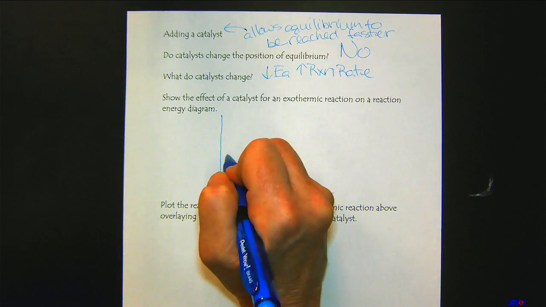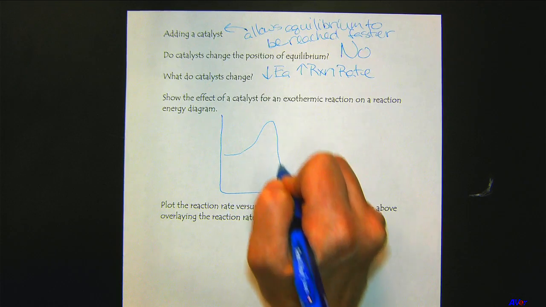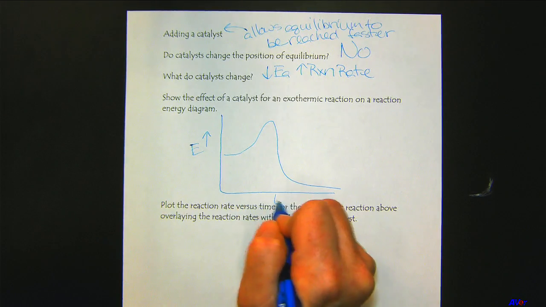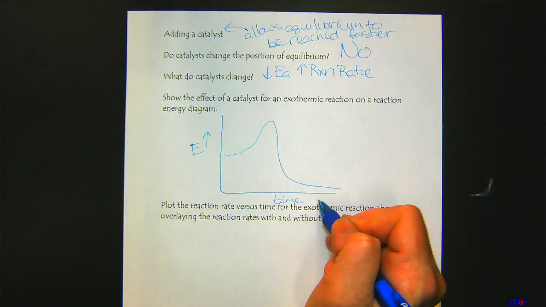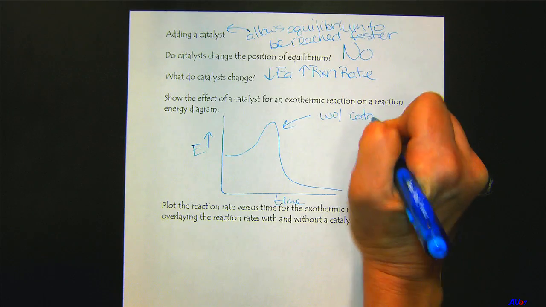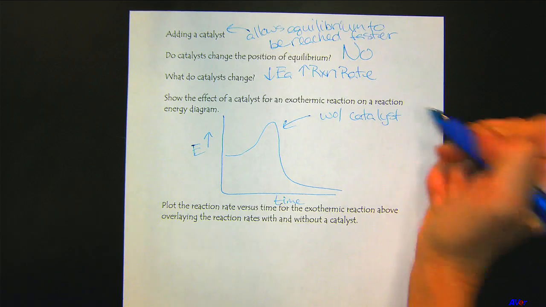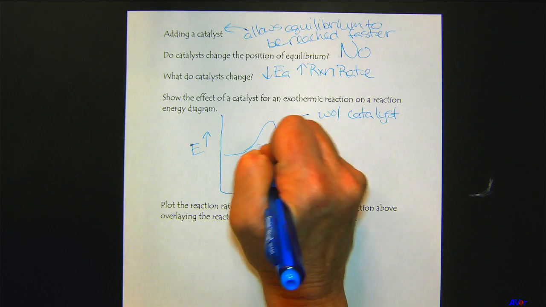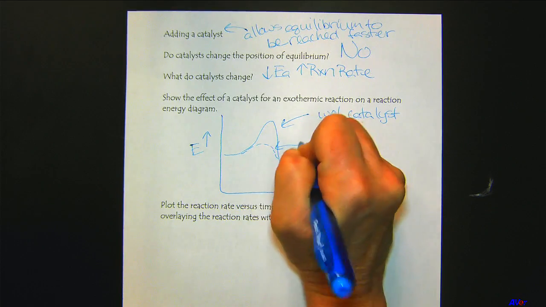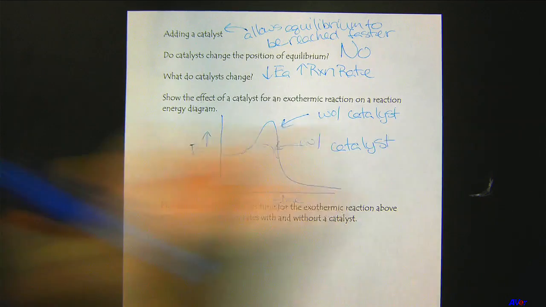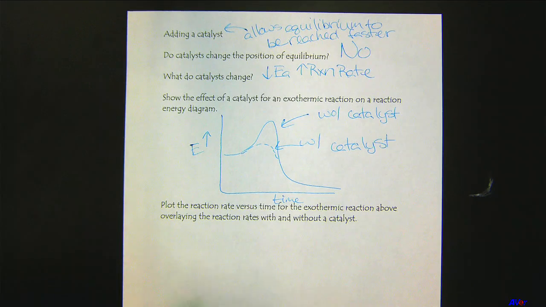So here would be our normal reaction, with energy on the y and time on the x. Here's without catalyst. And then if we add the catalyst, with catalyst.